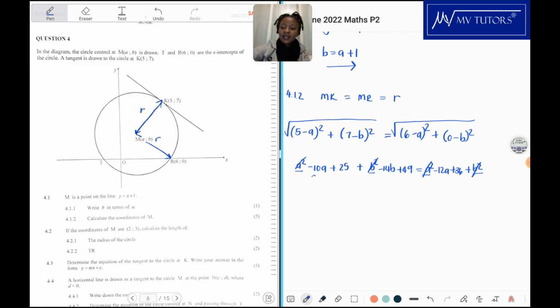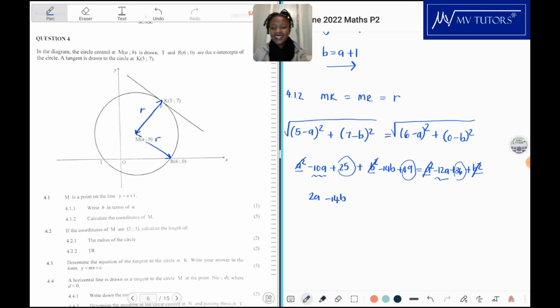Then I have negative 10a and I have negative 12a. So if I bring negative 12a to the left, I will have positive 12 minus 10. I'm left with 2a. And then I have that negative 14b. And then I have 25 over here and a 49 over there and a 36.